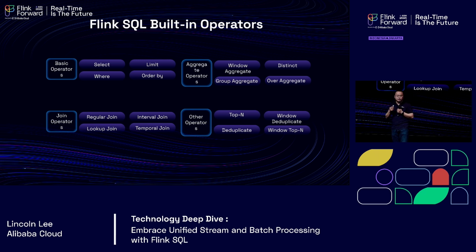For the join operators, we support those 4 joins and also something like user-defined table functions. Other operators like top n, the ranking operators, and deduplicate, and also window deduplicate and window top n. And besides that, you can explore more on the Flink website.